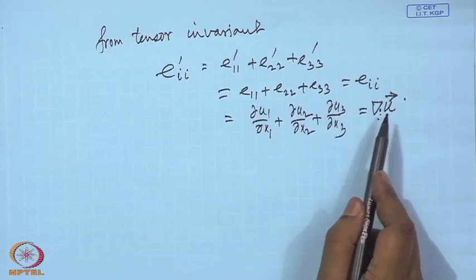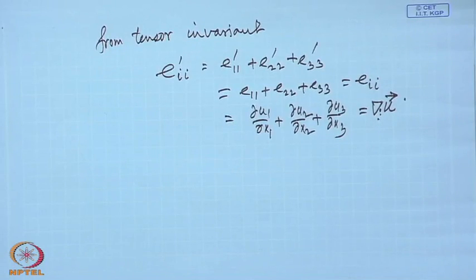case again this motion can be decomposed into two parts. One is an isotropic expansion, that is equal expansion in all directions, given by 1/3 of E_II, and another is a straining motion without change in volume.